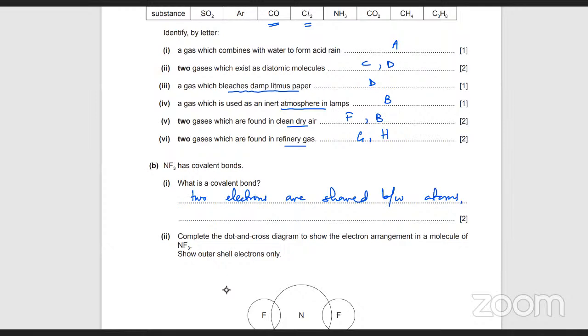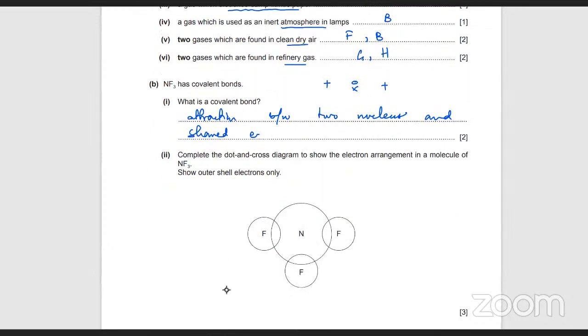In other words, it's the attraction between two nuclei and shared electrons. And there are two electrons in the middle, and there's one nucleus on the right side, one on the left side, one atom on the right side, one on the left side. And if asked, you have to draw the dot and cross diagram.